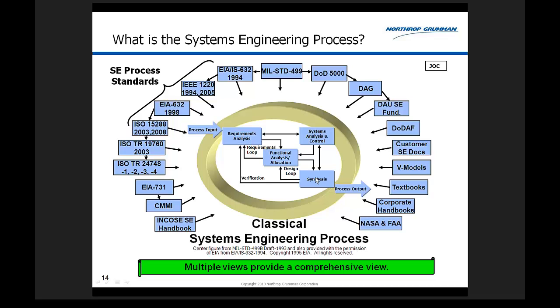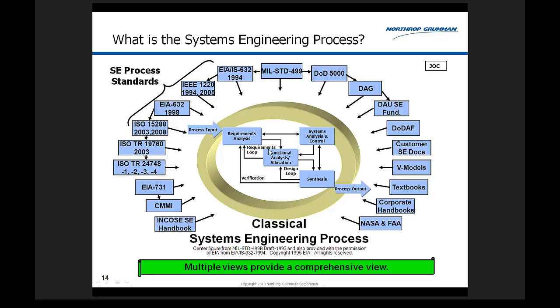Now, even though these are presented in the diagram as a stair step, like a staircase, implying that they're sequential, folks, forget that idea. They are not sequential. These are parallel, concurrent processes that go on simultaneously. You might not have heard that before, but the way it's implemented today is somebody writes the requirements and throws them over the wall, maybe somebody else later does a functional analysis and throws that over the wall, and somebody does the design and then throws that over the wall to the user.